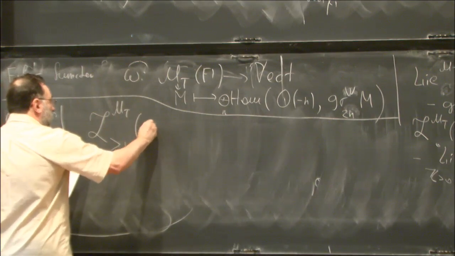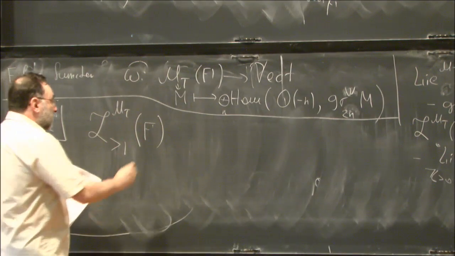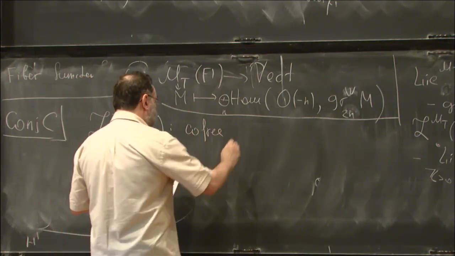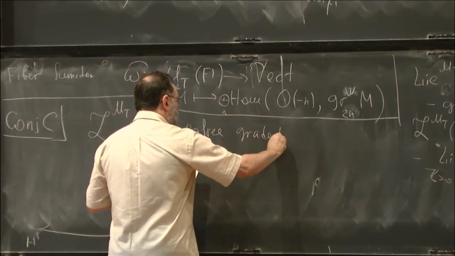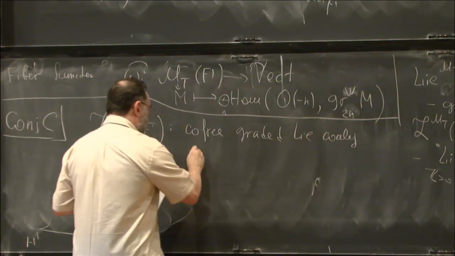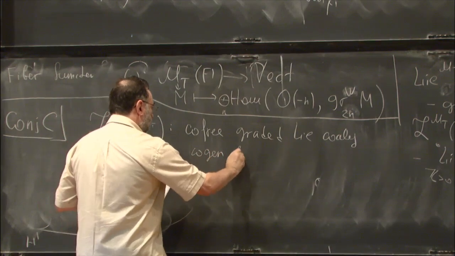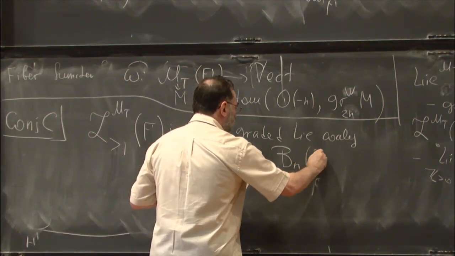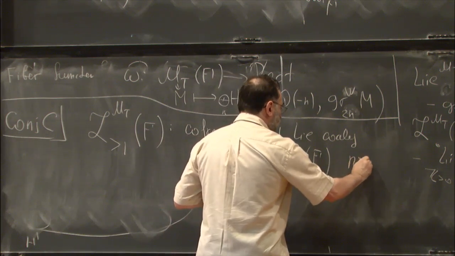And so the claim, that's a conjecture, is that this Lie coalgebra is a co-free graded Lie coalgebra co-generated by the vector spaces Bn of F when n is bigger or equal than 2.